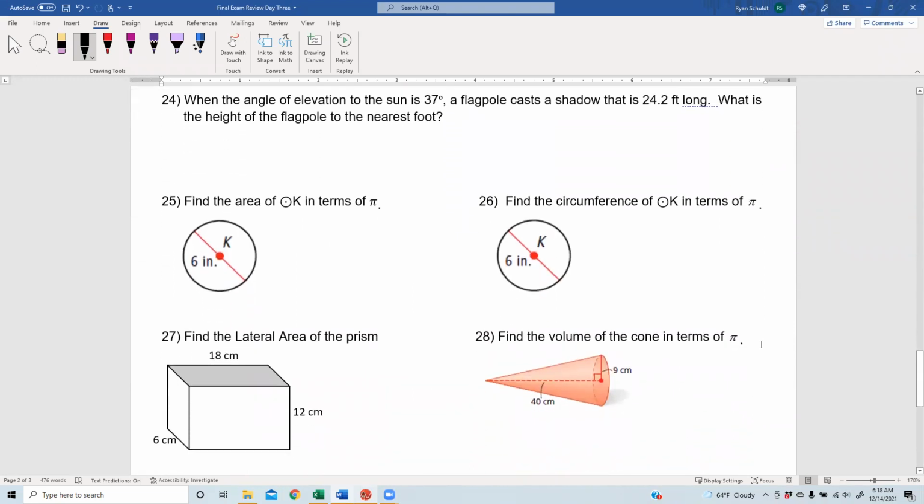Page 3. When the angle of elevation to the sun is 37 degrees, a flagpole casts a 24.2 foot long shadow. What is the height of the flagpole? So let's draw what's going on here. So we have our flagpole.